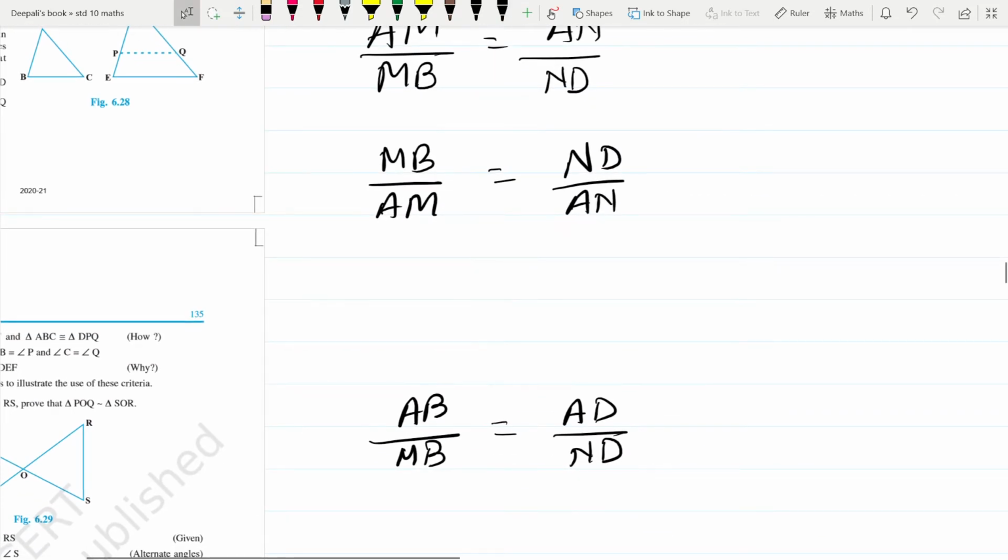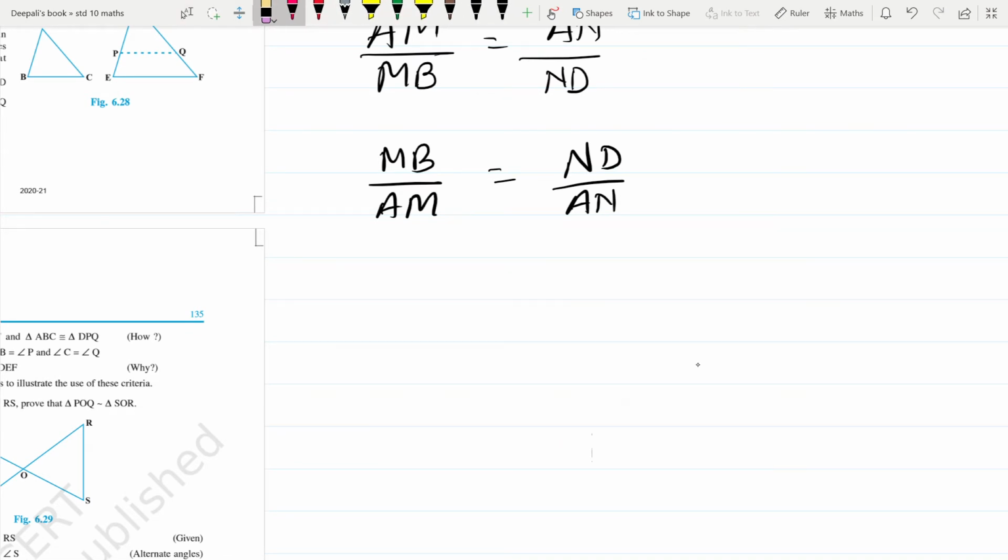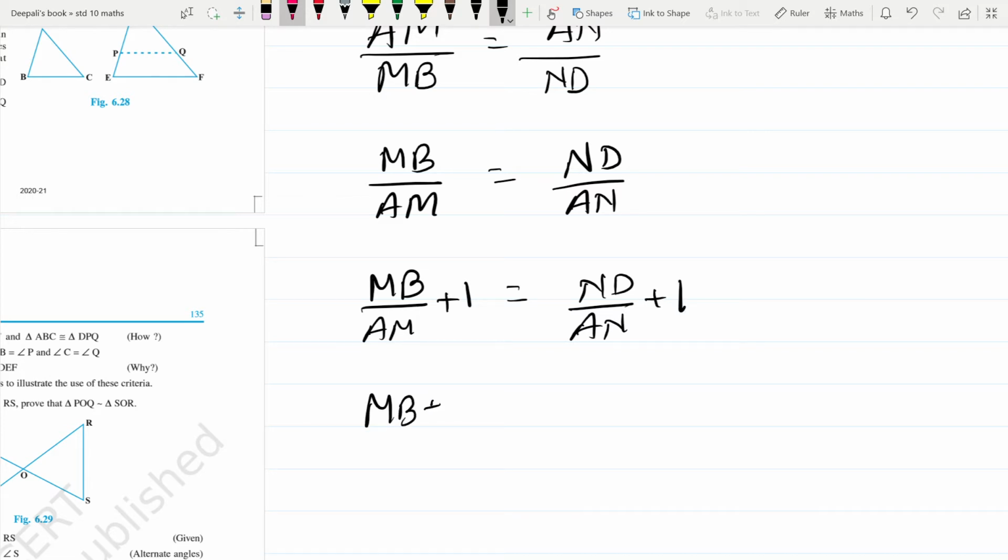Now applying the law of componendo, that is adding 1 to each side, that is MB upon AM plus 1 is equal to ND upon AN plus 1. We get MB plus AM upon AM is equal to ND plus AN upon AN.